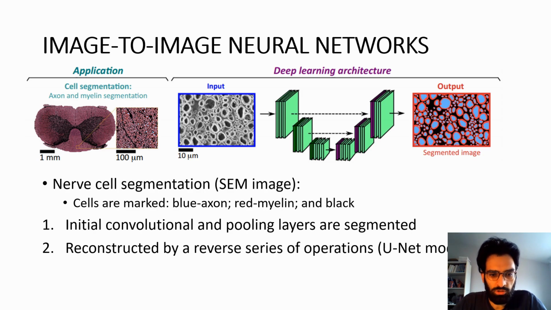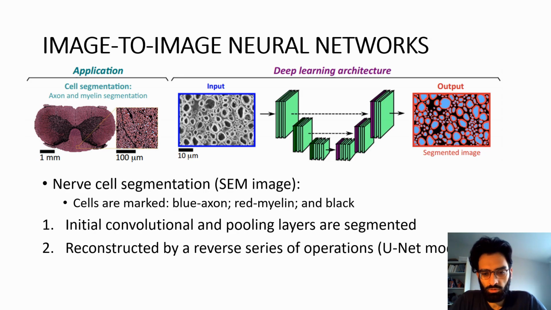They have this input image, as you see in black and white. And this input image is segmented or separated into layers, as shown in the deep learning architecture. It's shown in green and purple here.